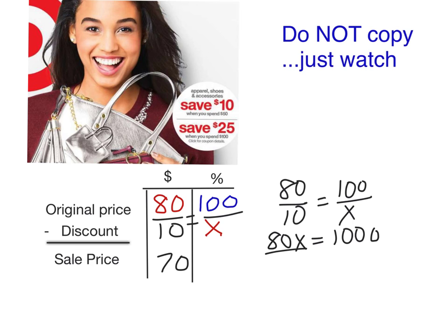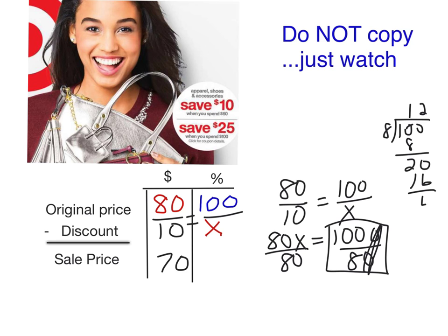Goes in there one time. So that is an 8. Remainder's 2. Bring down that 0 because you've got to continue. That is a 2 because this is 16. 4 is my remainder. So automatically go up and add your decimal and add a 0. And that goes in there 5 times because 8 times 5 is 40.